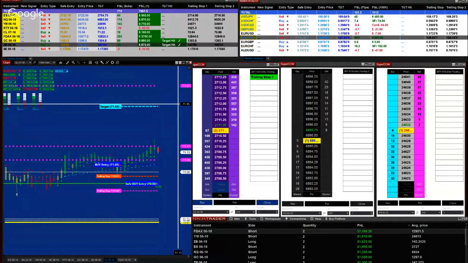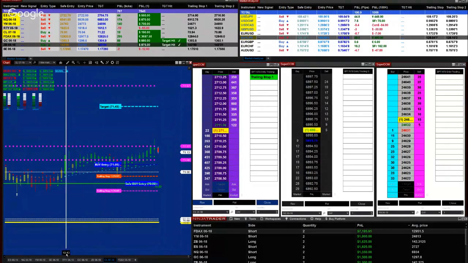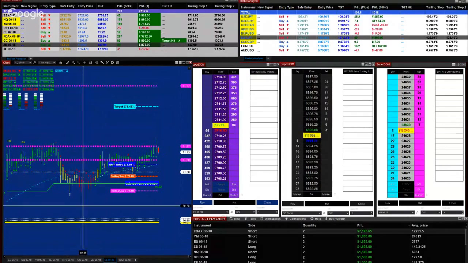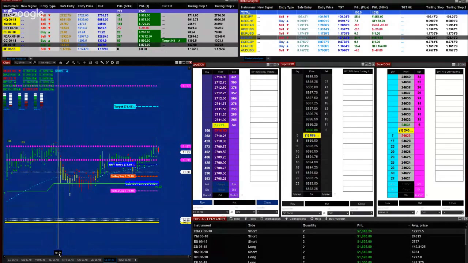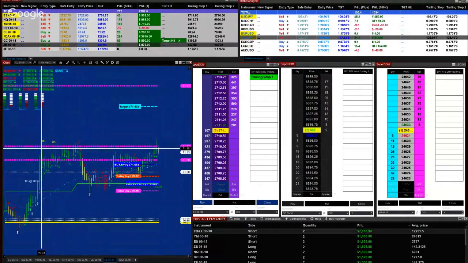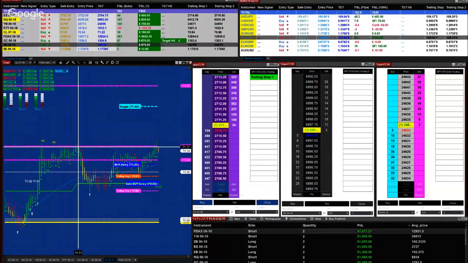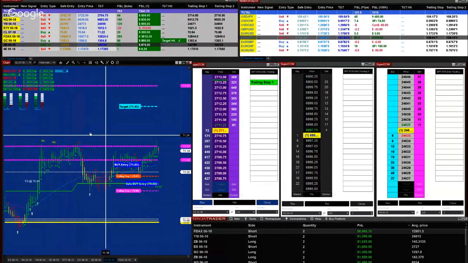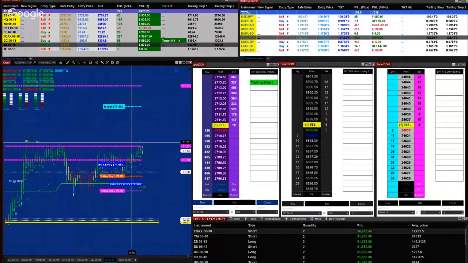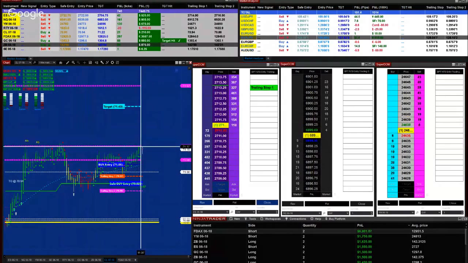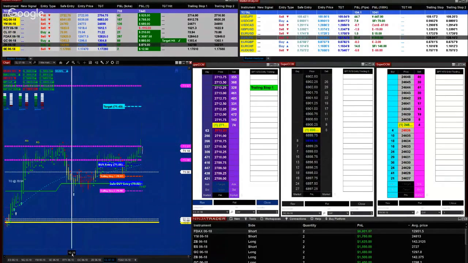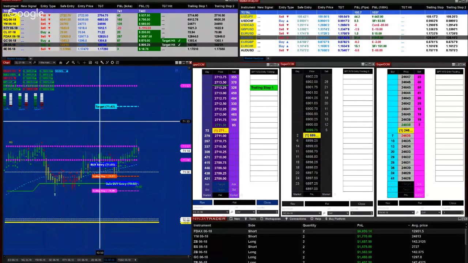This 71.17, if we look at the CL, has been struggling since 10 o'clock this morning, has not been able to penetrate that line all day long. And they're trying to push it and break that line, the 71.17. So this is the key on the CL.